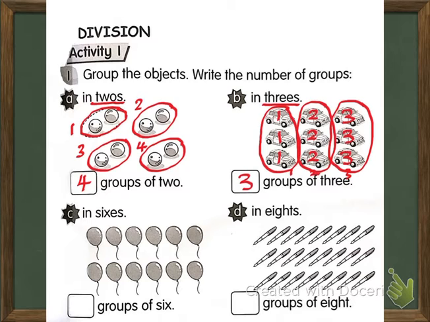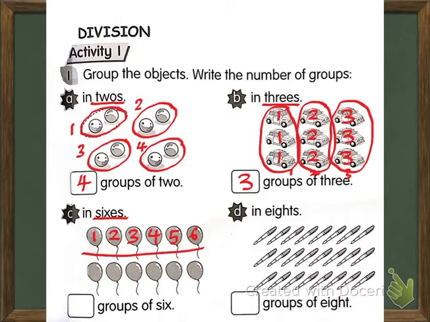Go to the next example. Group the objects in 6. In 6 means each group has 6 objects in it. So 1, 2, 3, 4, 5, 6.